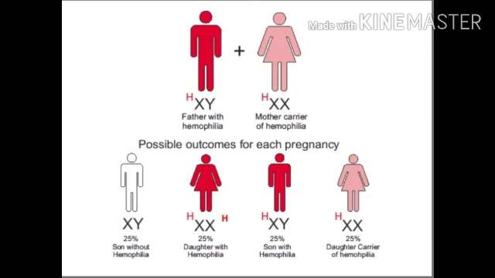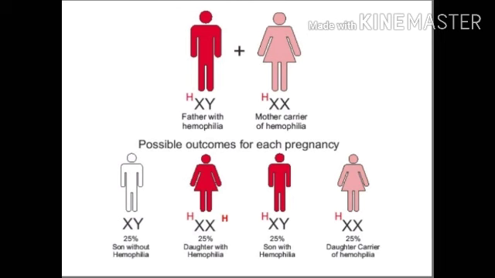Now in this case, the father is hemophilic and the mother is a carrier. The possible outcome for each pregnancy is 25% son without hemophilia, 25% daughter with hemophilia, not a carrier but a diseased person, because the mother is a carrier and the father is hemophilic, so she gets the affected chromosome from both.